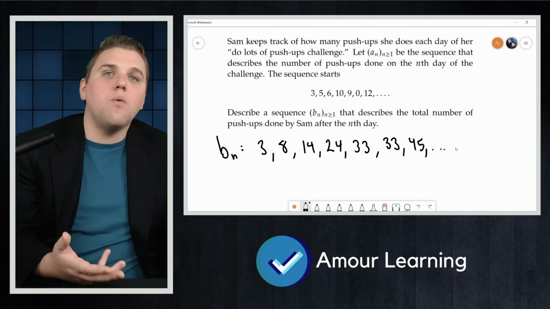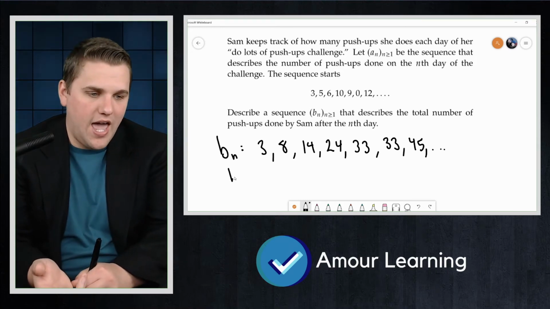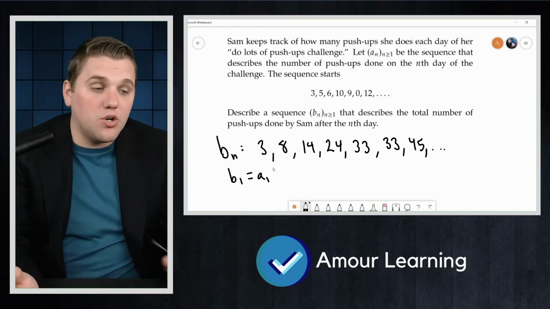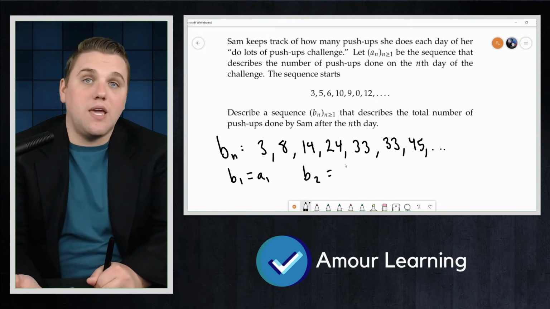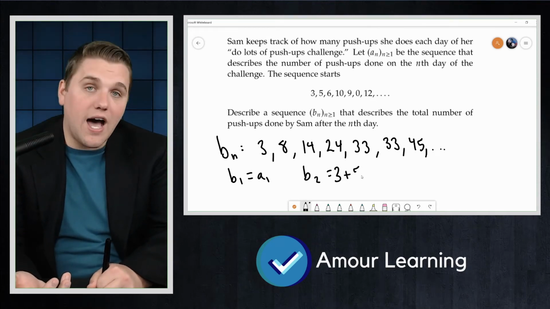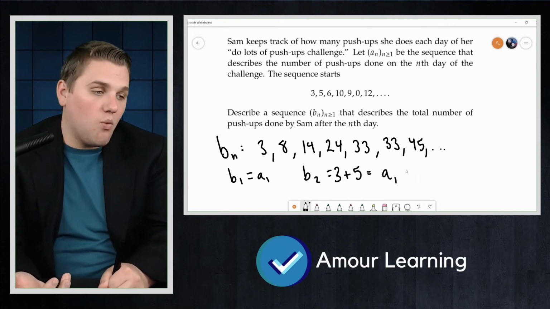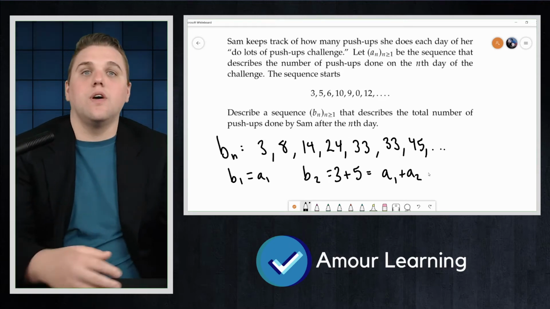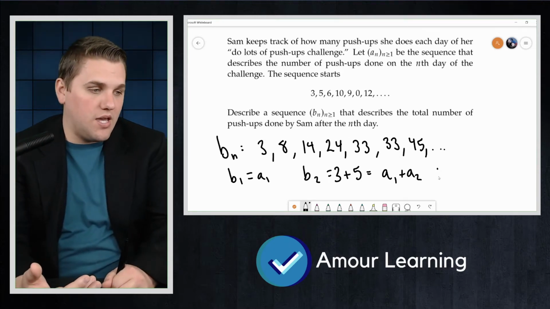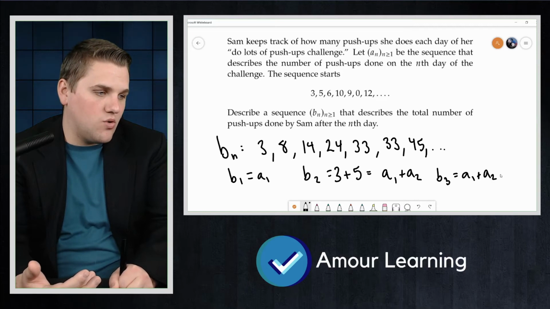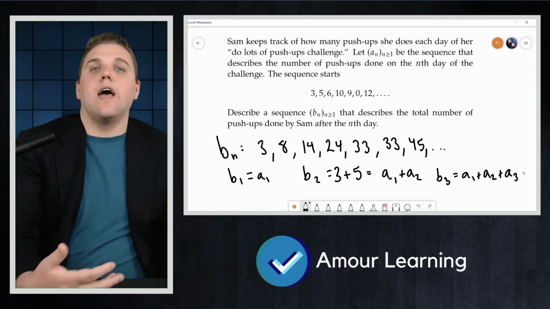So here, b_1 is just the same as a_1. But then b_2 is going to be 3 plus 5, which can be written as a_1 plus a_2. And then b_3 is going to be a_1 plus a_2 plus a_3, and so on.